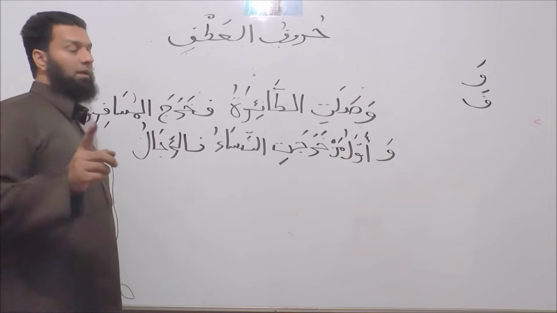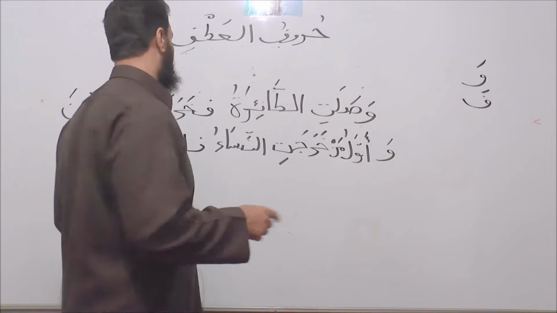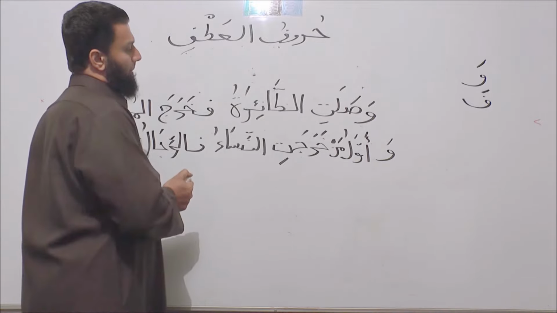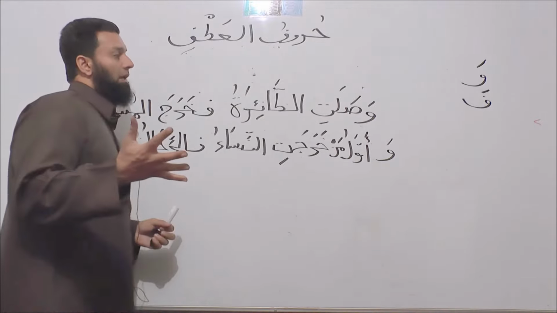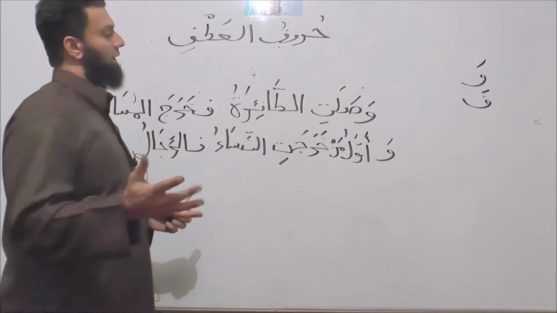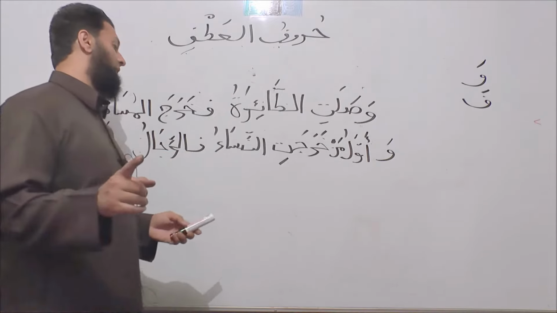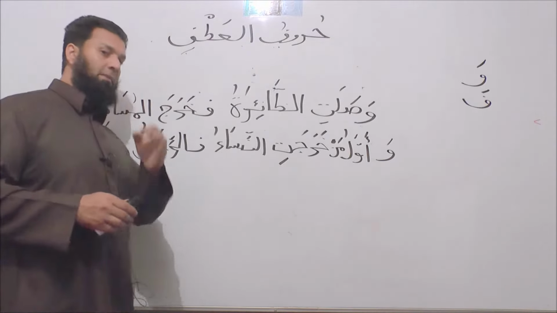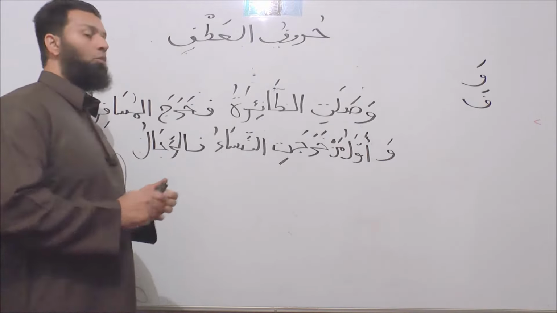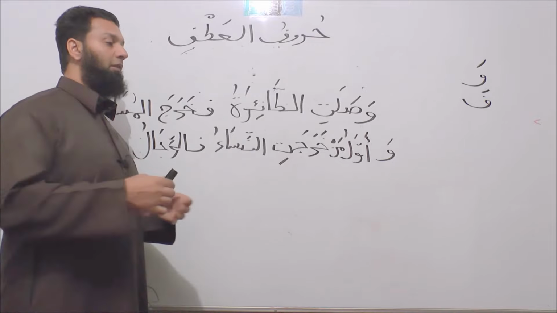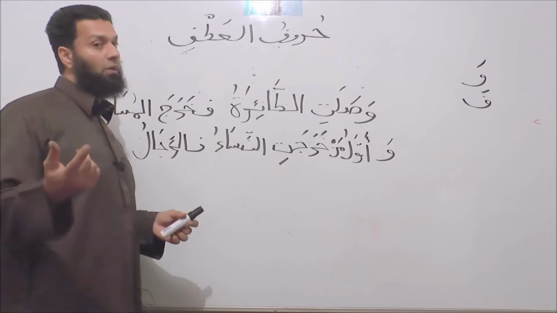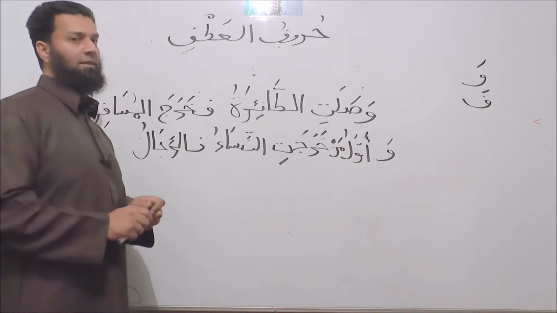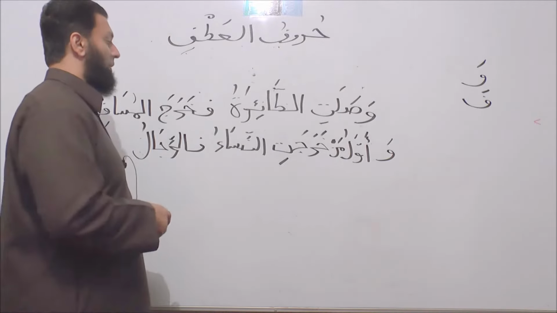Now, the other common use of fa, which you have to understand when studying this subject, is to differentiate it when you've got the fa of sababiyya. Remember when we said the fa either means then or so? Or it could be part of the word. But we're not concerned with it being part of the word.